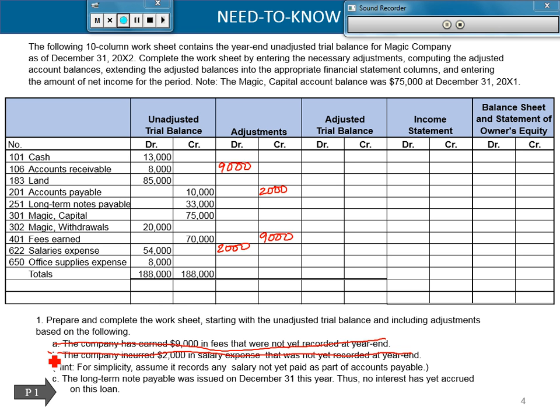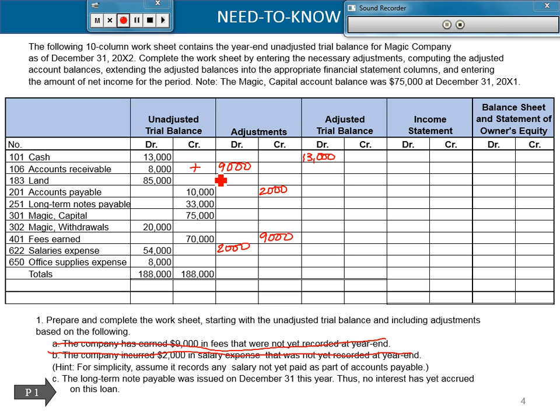So now that we've made these adjustments, we need to pull everything over to this adjusted column, right? So cash, did anything change? No, so I can do 13,000 here. What about accounts receivable? It had $1,000 and increased by 9,000, so that means 9,000 plus.